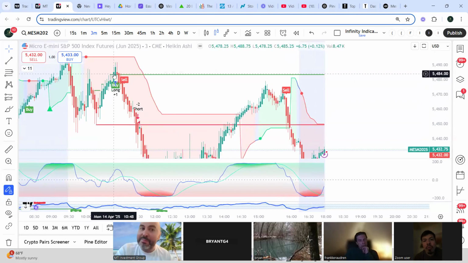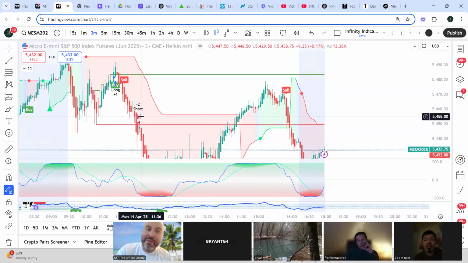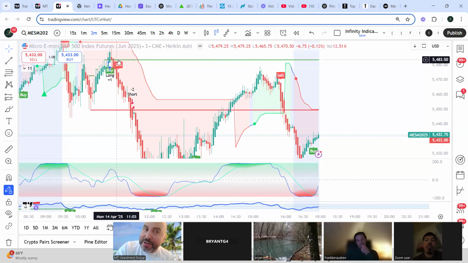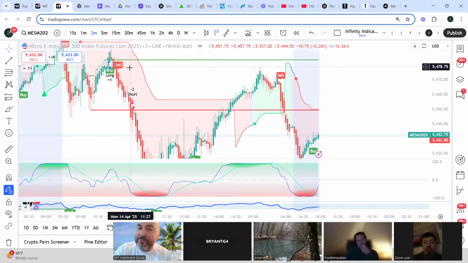So a lot of times a human would not get out of this position. They would say, "Oh, it's going to come back." I mean, how many times? Come on, we've all been here, right? So essentially, what I need to code in is that we should be exiting this position on this candle close, either this one or this one, where it closes underneath the green line, and we can re-enter if we need to.